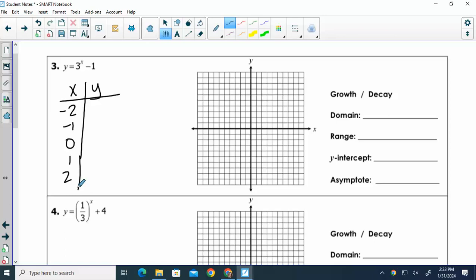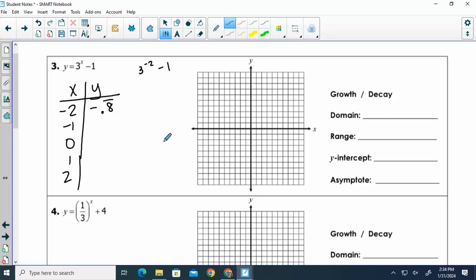All right, if I put in -2, grab a calculator if you need to. You have 3 to the -2, and then minus 1. Go ahead and just give me the decimal. What does it give us? I only know -0.8 repeating.